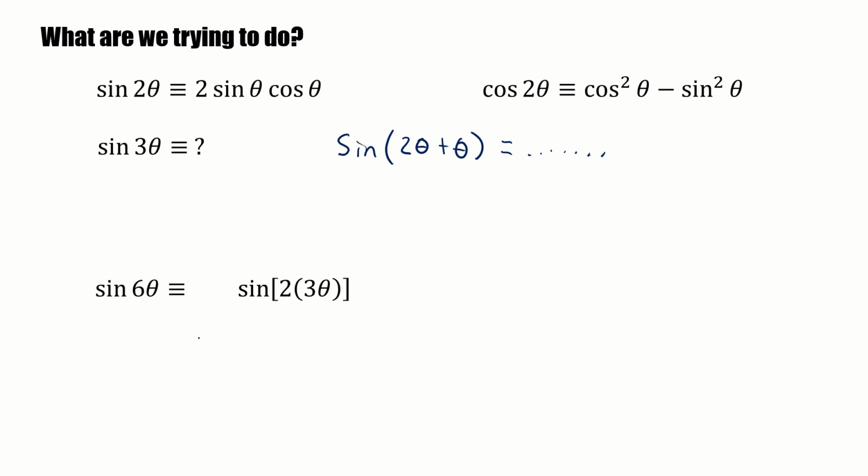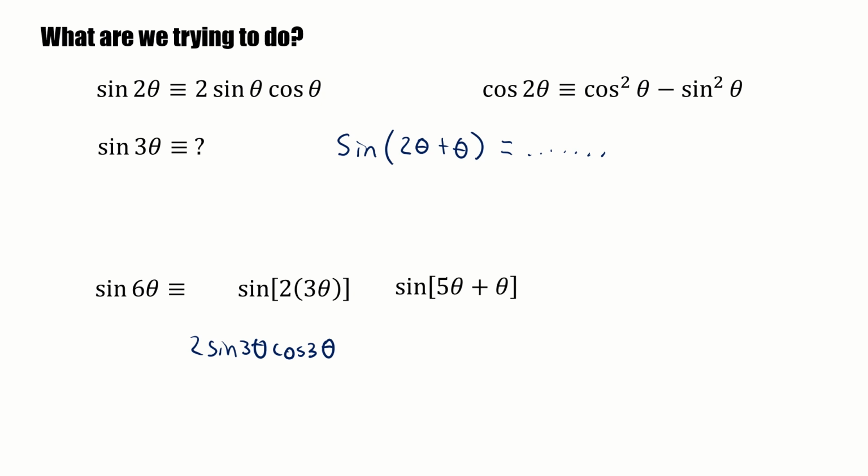In other words, rewriting it as 2 sine 3 theta, cos 3 theta. But then you'd need to use more trig identities to rewrite that, so you'd need to know the identity for sine 3 theta and cos 3 theta, which I don't know off by heart, so I'd have to derive them, and it just starts becoming really long to do.